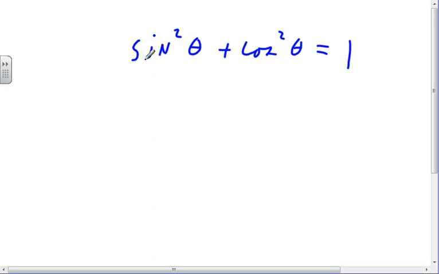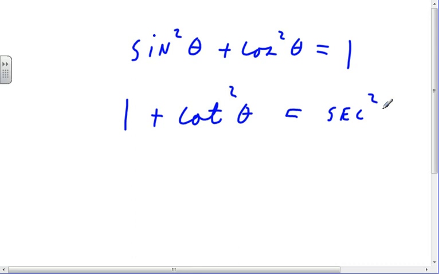If I divided all this by sine squared, then I could have a 1 plus cotangent squared theta is equal to cosecant squared theta. So I divided everything by sine squared. This would be cosecant.